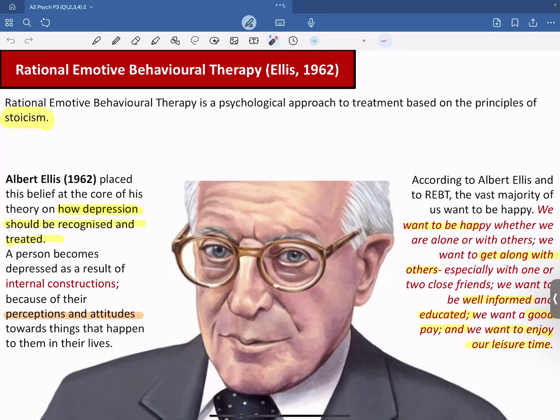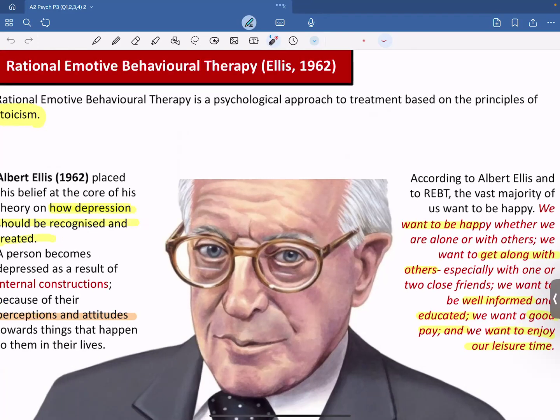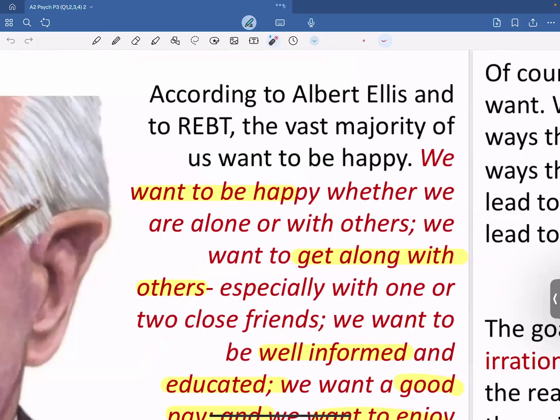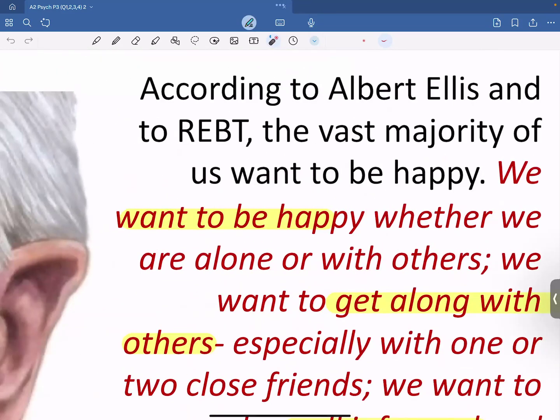So what we understand from here is it is not what happens in your life, but it is your perception. It's the perception you hold about what has happened in your life. It's the attitude that you carry about what has happened in your life that puts you where you are. Now, according to Ellis and to REBT, the vast majority of us want to be happy. I'm sure everyone would agree.